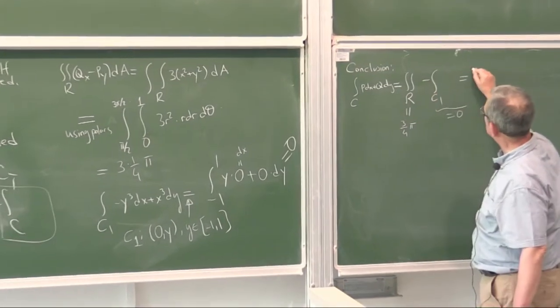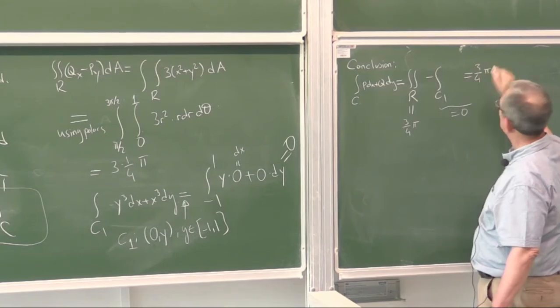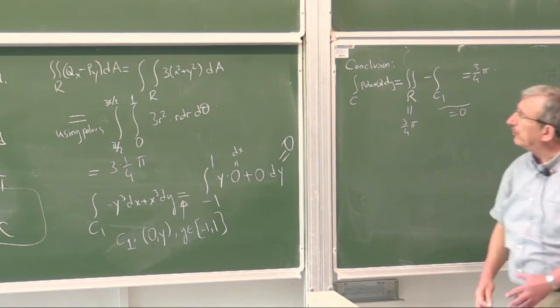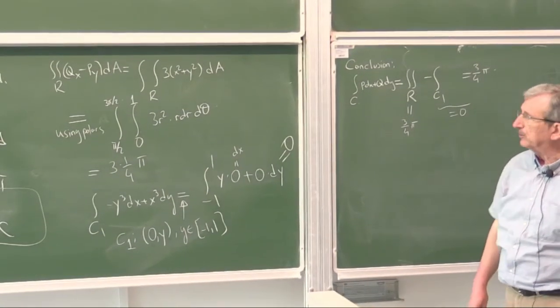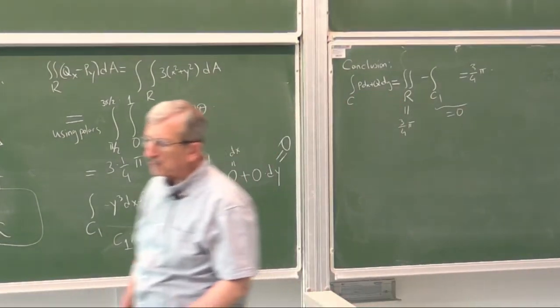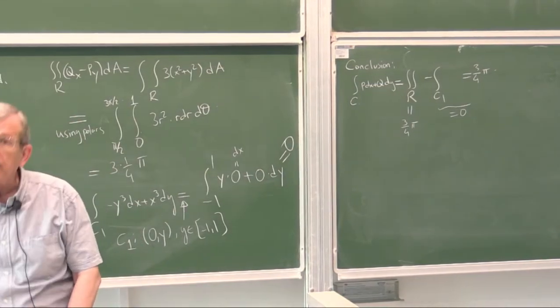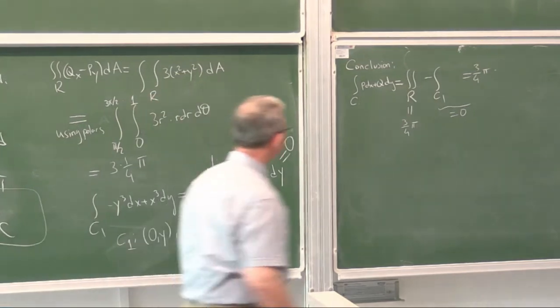So the result is 3 over 4 pi. So using Green's theorem can simplify calculations. Now this will be more precise in the following examples.